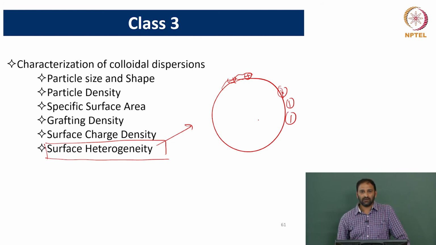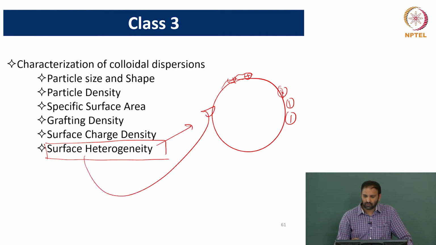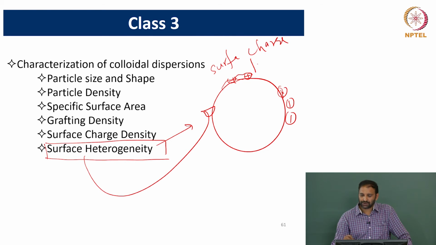So this is an example of surface heterogeneity, in this case what is called surface charge heterogeneity, right?